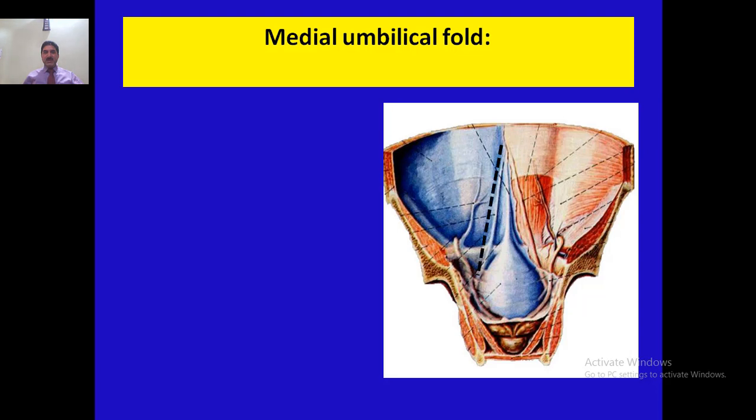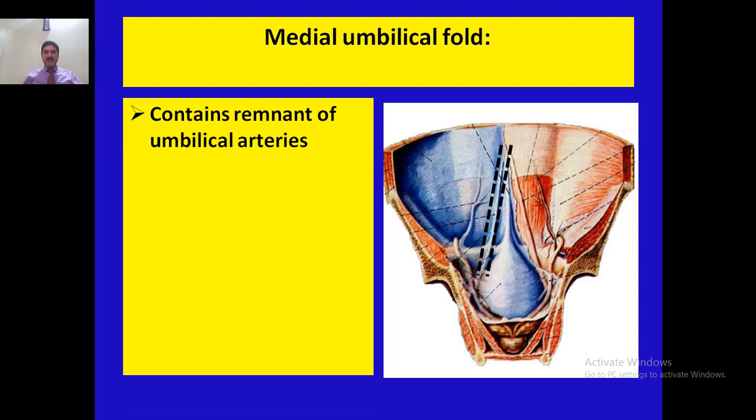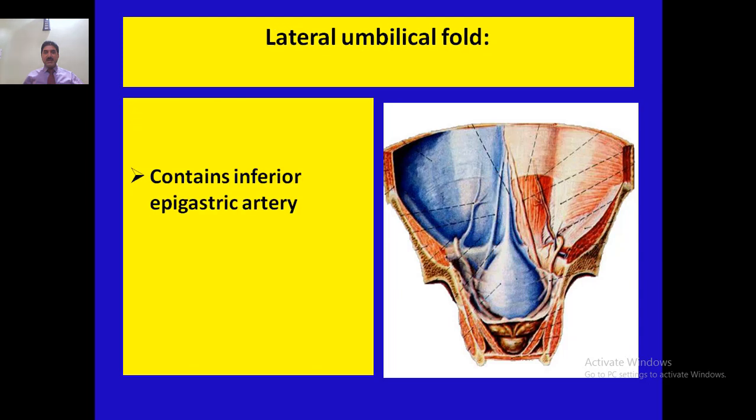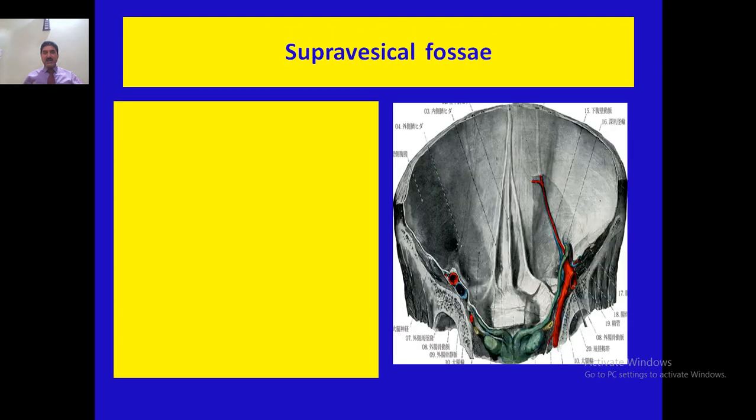The medial umbilical fold lies lateral to the median umbilical fold and contains remnants of the umbilical arteries. It is also called the medial umbilical ligament. The lateral umbilical fold contains the inferior epigastric artery. The inferior epigastric artery acts as a landmark for differentiating between direct and indirect inguinal hernias.